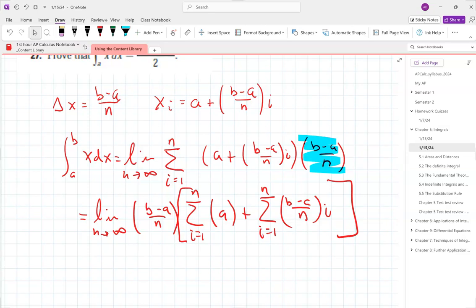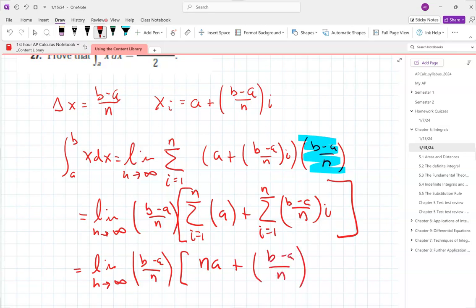Violet, are you still okay? Yeah. Okay. So the sum of a constant, if I add up n of those a's, I get just n times a, right? And for the second sum, that part doesn't depend on i, so I can pull that to the front.